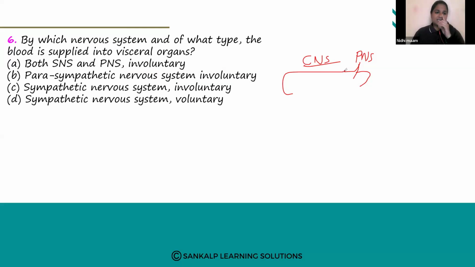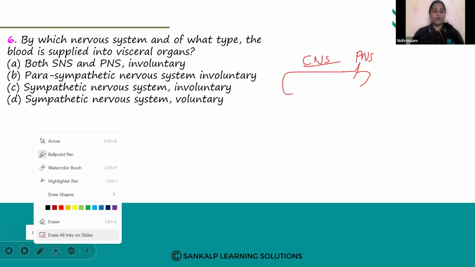The options are: both SNS and sympathetic nervous system; parasympathetic nervous system; parasympathetic involuntary; sympathetic involuntary; sympathetic voluntary. By which nervous system, and of what type, is the blood supplied to visceral organs?